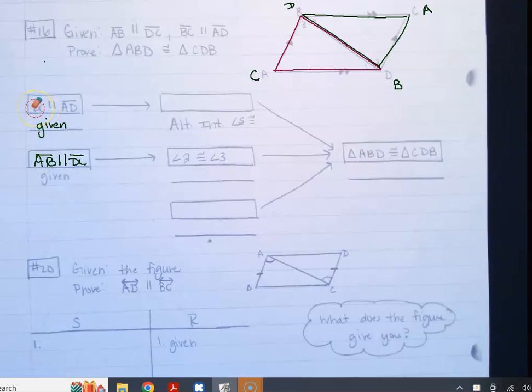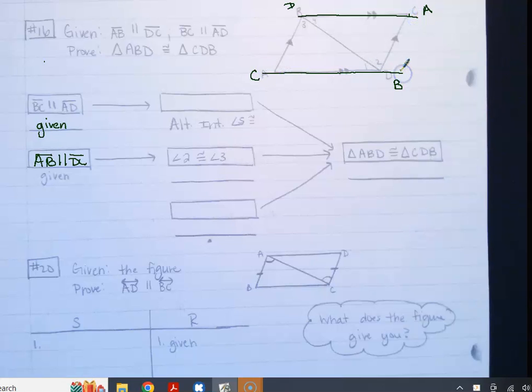So if BC, so let's see, I'm going to erase these angles here. Okay, so BC is parallel to AD. So we're looking at this set of parallel lines as our focus, and this transversal. Angle 4 is what?